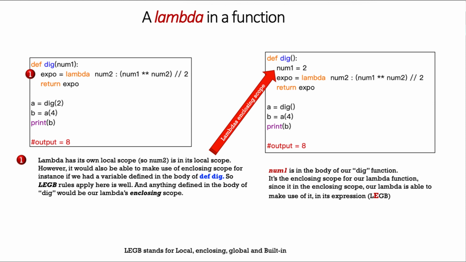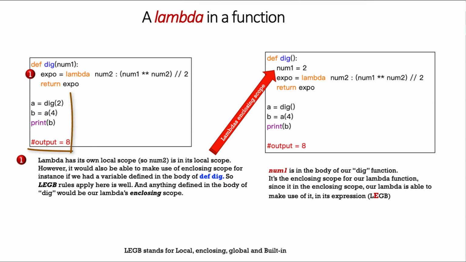So lambda here has its own local scope. num2 is in its local scope. However, it would also be able to make use of enclosing scope, for instance, if we had a variable defined in the body of dig, like we do on the right-hand side, num1. So LEGB rules apply here as well, and anything defined in the body of dig would be our lambda's enclosing scope.